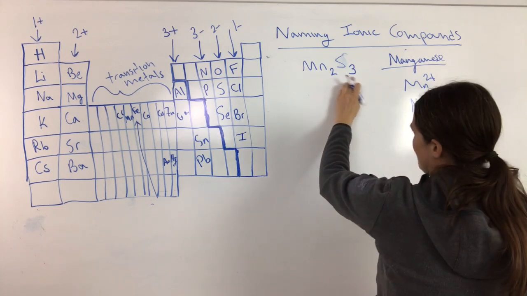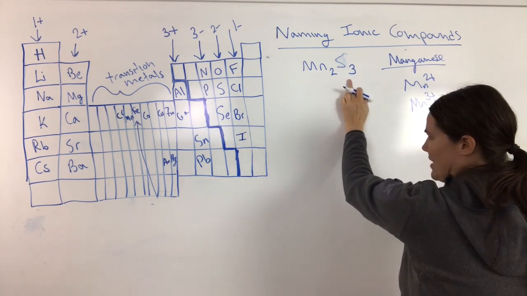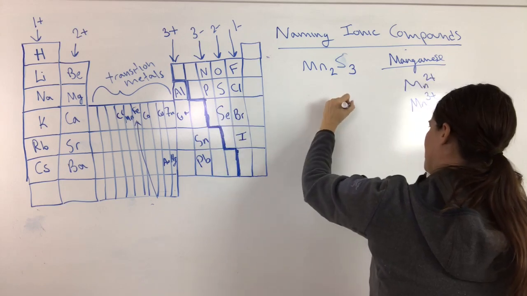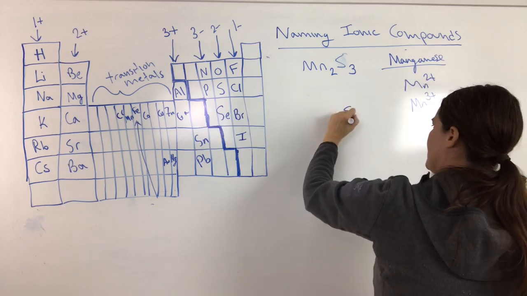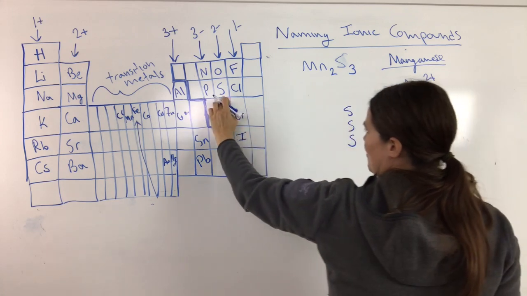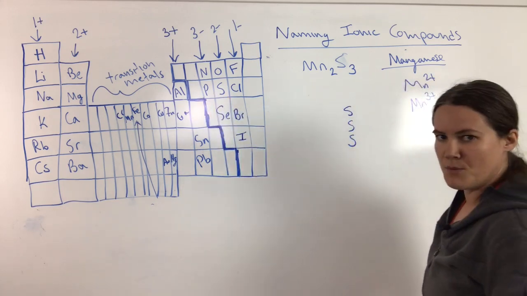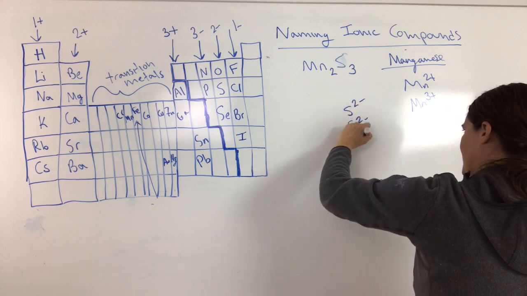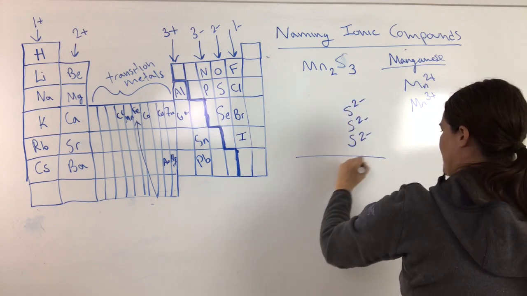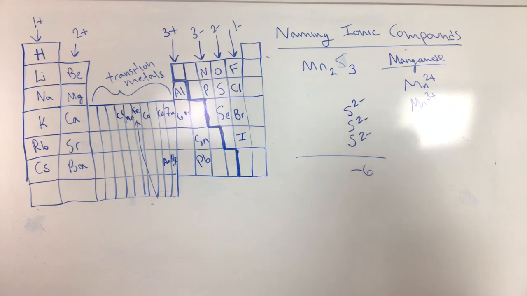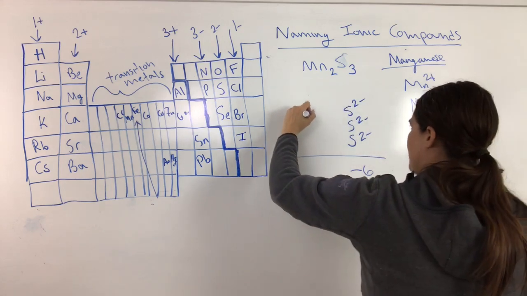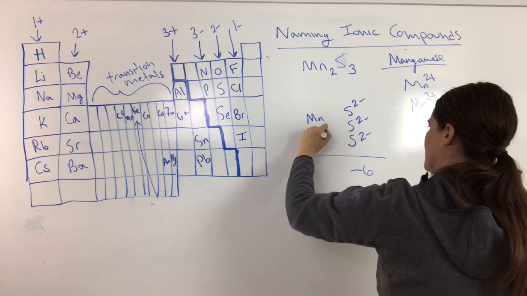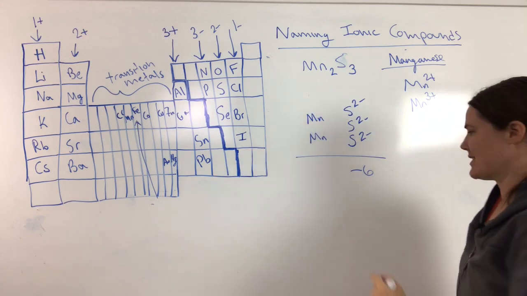So what we can do, we go back to the one that we know. We know what sulfur is, and we know that we have 3 sulfurs. So I'm going to write these sulfurs down. We know that sulfur forms a 2- ion, and it always does, so that's not going to change. So we have a net -6. We know that we have 2 manganese atoms, so I'll write those in.